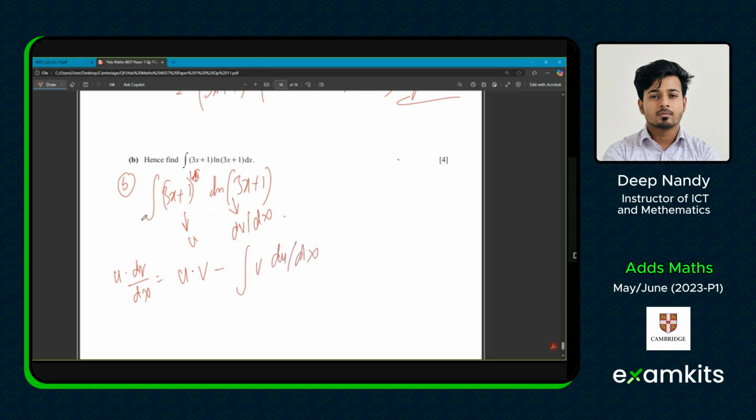This is the formula that we need to use. So here we first find du/dx, that is 3, and v equals the integral of ln(3x+1). This was not right.